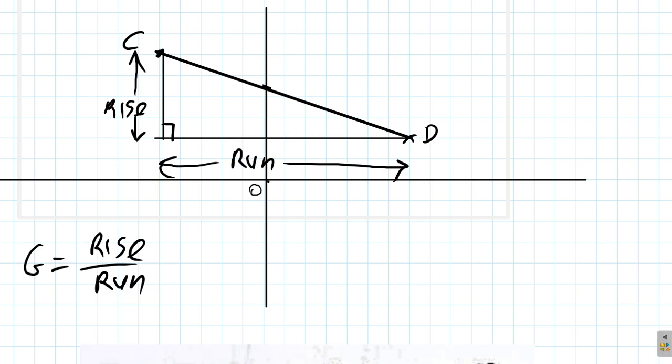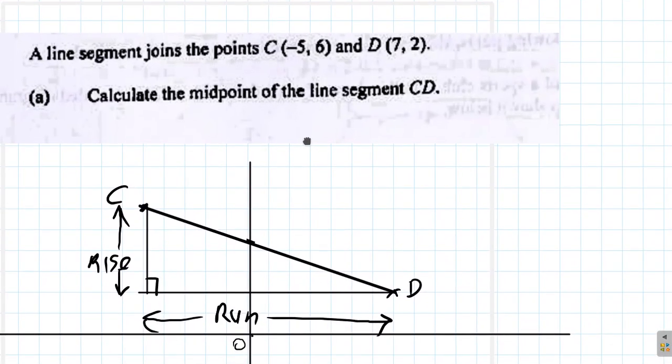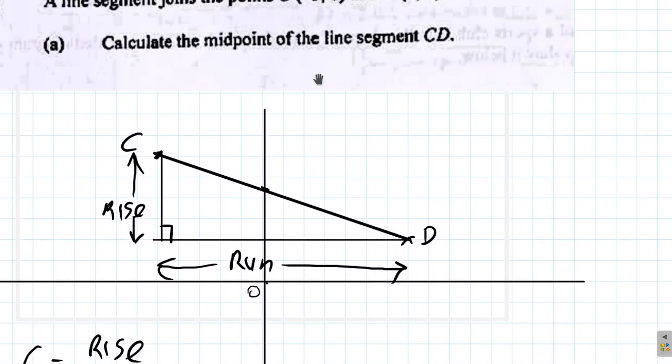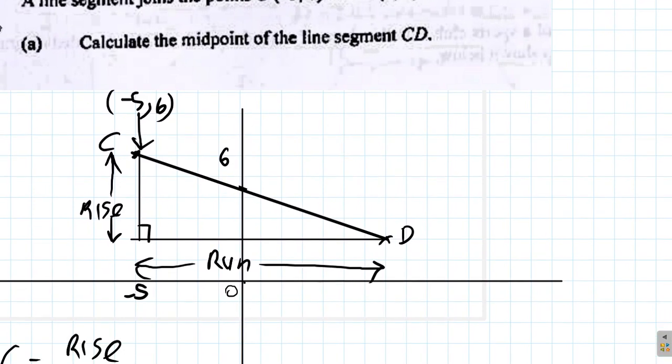Now, here, C is at -5, 6. So you're above -5 and beside 6. So if you count this point, -5, 6 here, those are the coordinates. D is at 7, 2.